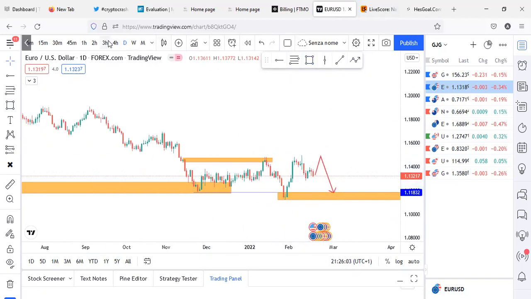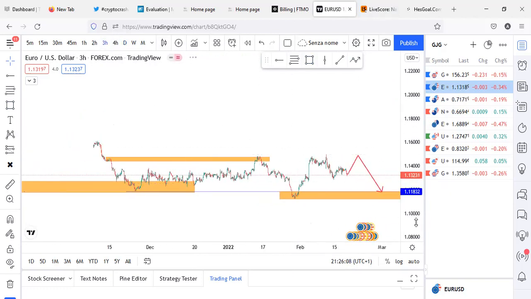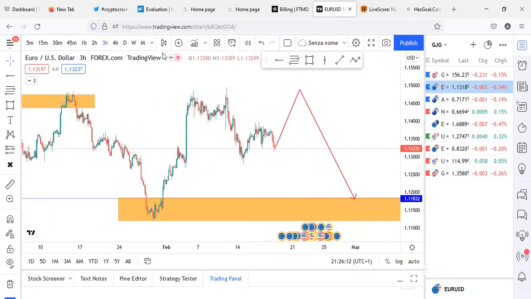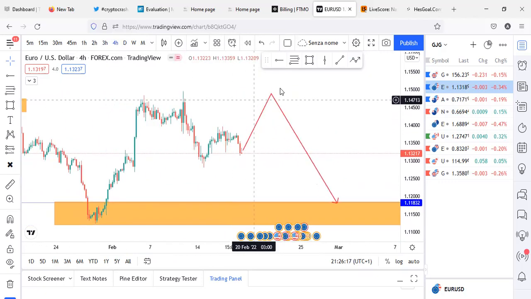So now let's come to the lower time frame to see what we can get. So now looking at this, probably look at the 4 hour. I'll probably see this happening.